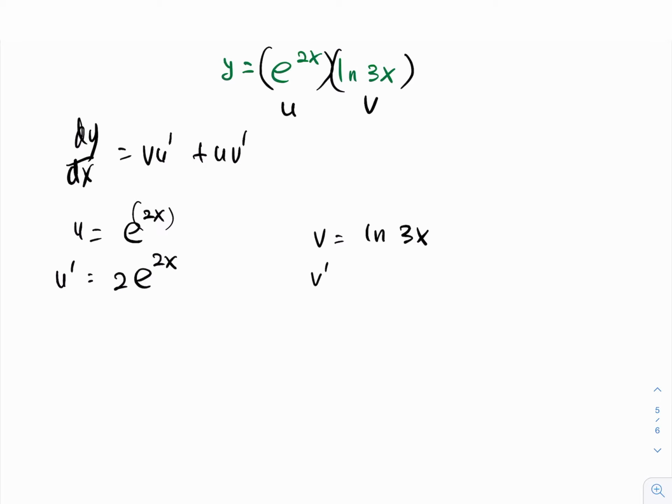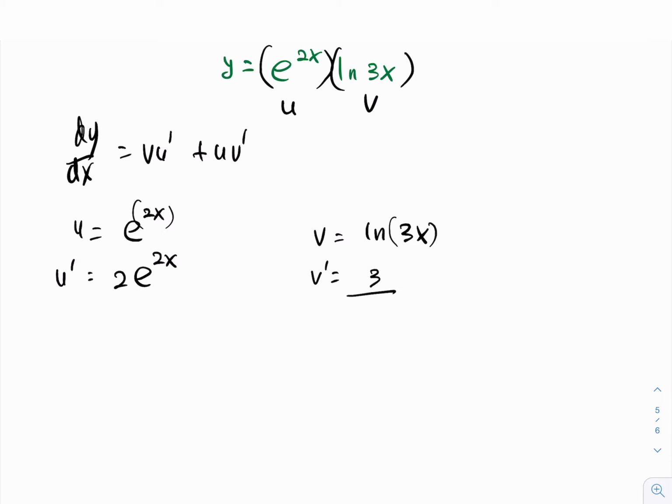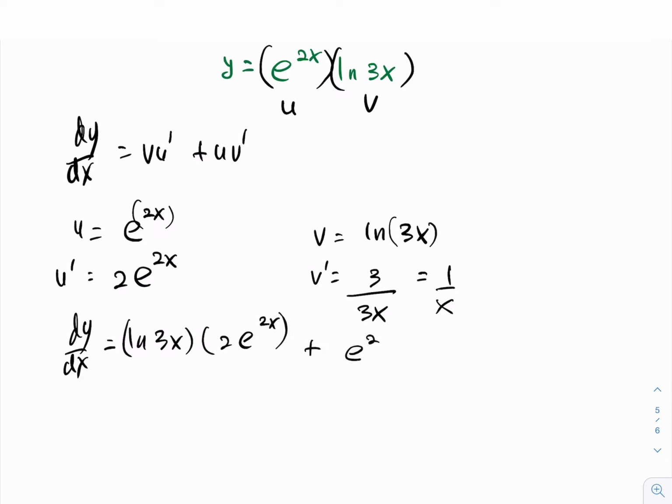If you differentiate the log function, you differentiate the inside first, divided by the function itself, 3x, so we'll have 1 over x. So dy/dx is ln 3x multiplied by 2e to the 2x plus e to the 2x multiplied by 1 over x, or we can write it as 2e to the 2x ln 3x plus e to the 2x over x.